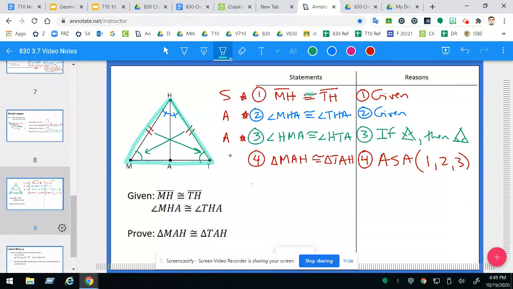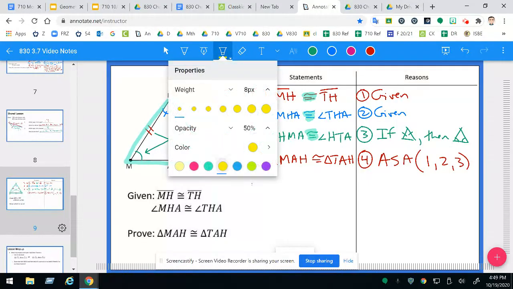Notice, guys, any proof that you're doing, in order for these steps to be used in ASA or SAS or SSS, they've got to have congruencies in them, right? Make sure that those are the steps that said that those specific sides or angles were congruent to each other and that they are part of the triangles that you're trying to prove congruent.